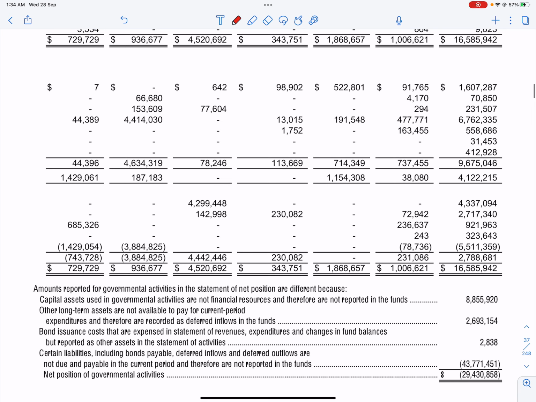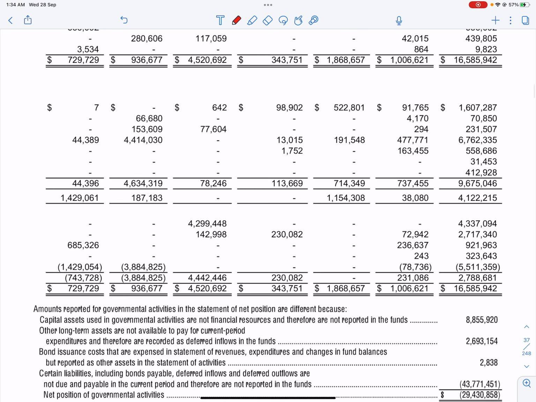You can see over here. So it is just like by default, it is the residual balance. So the government will put all the remaining fund balances to assigned if it is not restricted or committed.